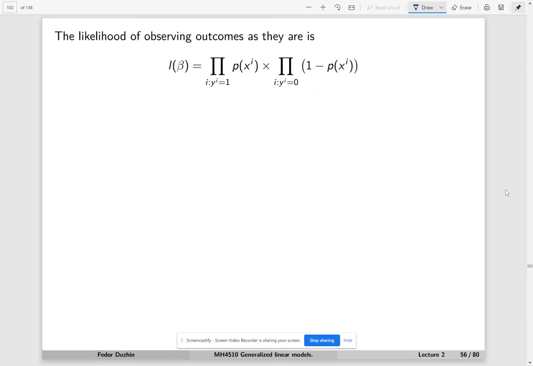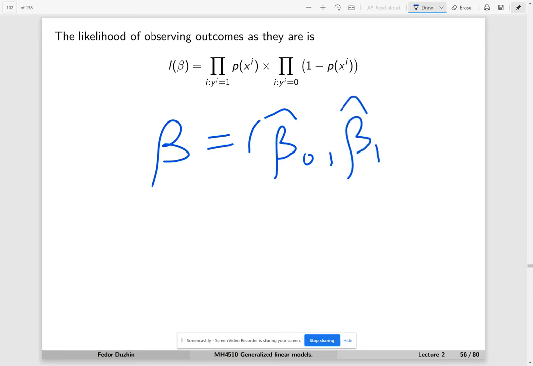It's actually a pretty simple but very powerful idea. Suppose that we fix some value of beta, some parameter values, like beta 0 hat, beta 1 hat, and so on. Given these values of beta, we can compute probabilities of observing any possible outcome.